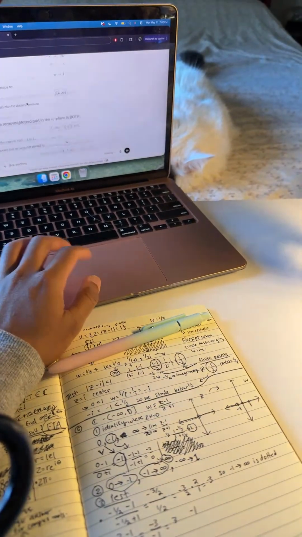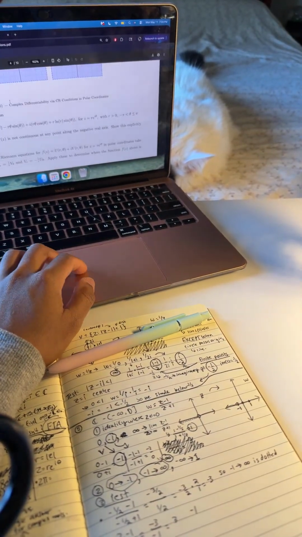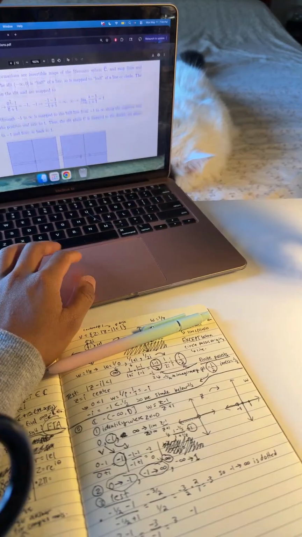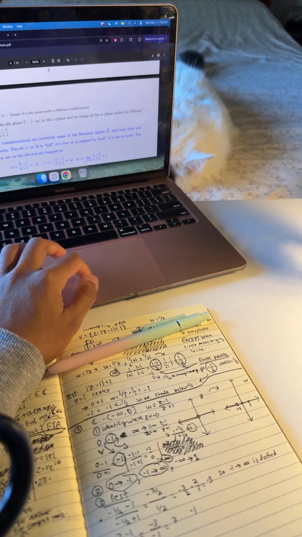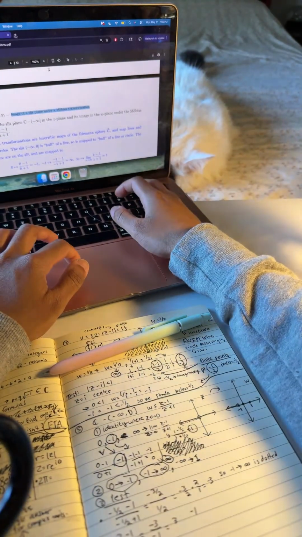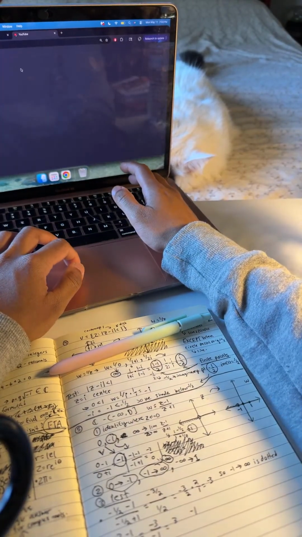I need like a video for this. Image of slip plane under Mobius transformation. Is there a video for this?